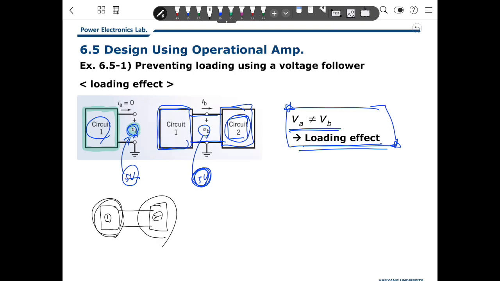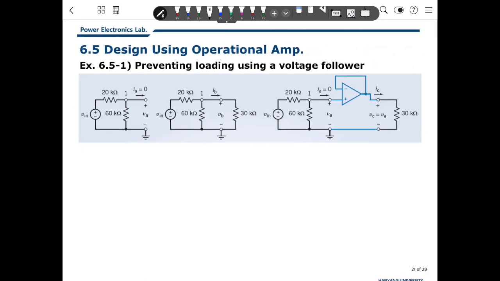I mean the performance changes by connecting over here. So loading effect is a very critical problem. To prevent this loading effect, generally we use a voltage follower. I will give you some example here.